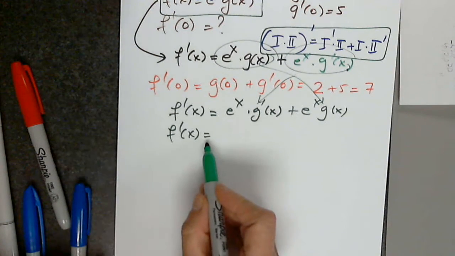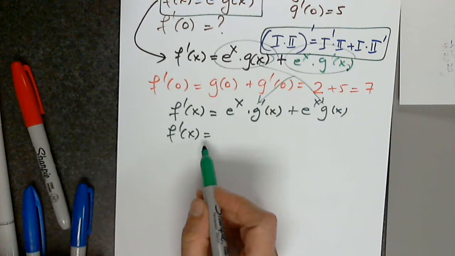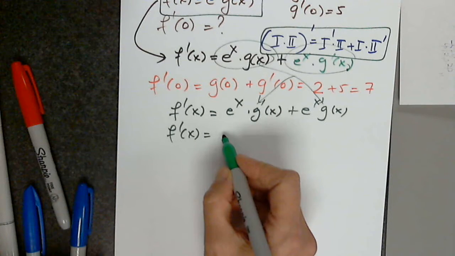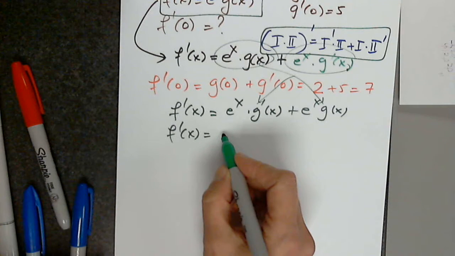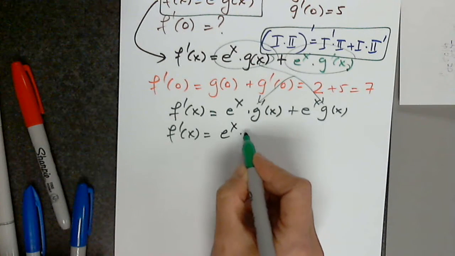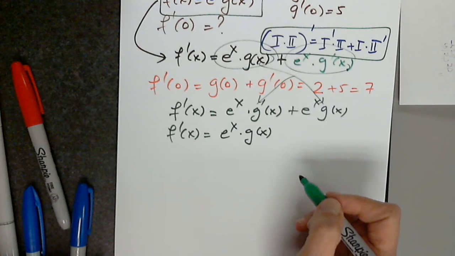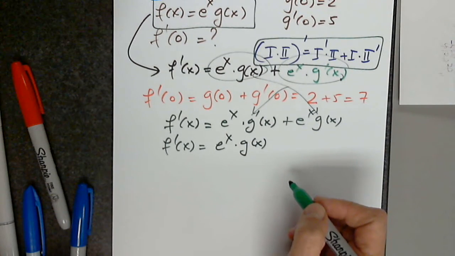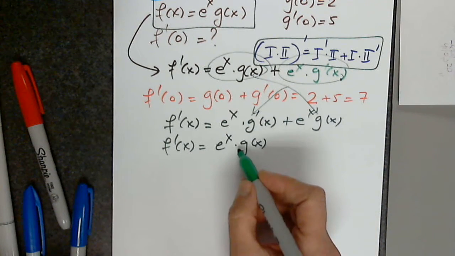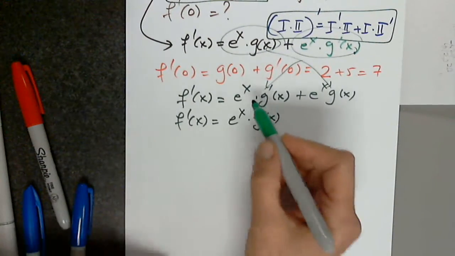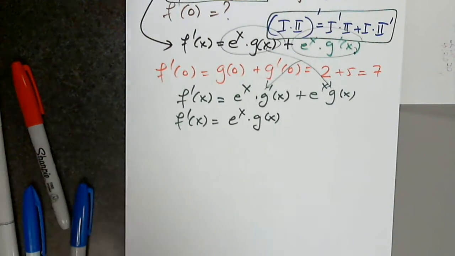So okay, f prime of x equals? If f prime of x is equal to f of x, so e to the x times g of x. So f of x is equal to e to the x times g of x, right? If you take away the dot, that's what is going to confuse. Okay, so you don't like the dot. I'm taking away the dot.